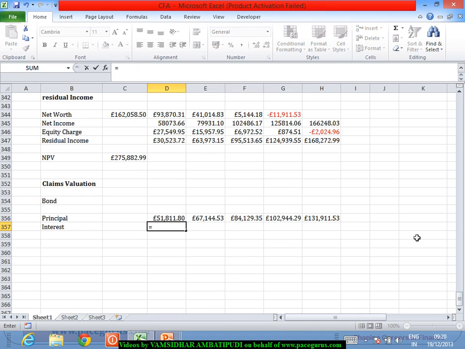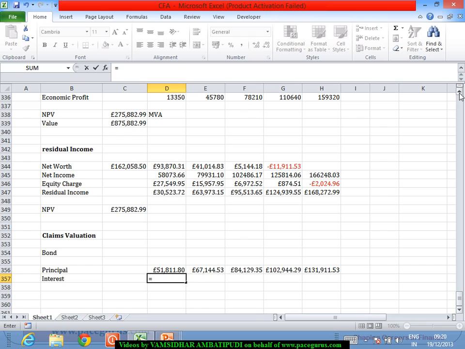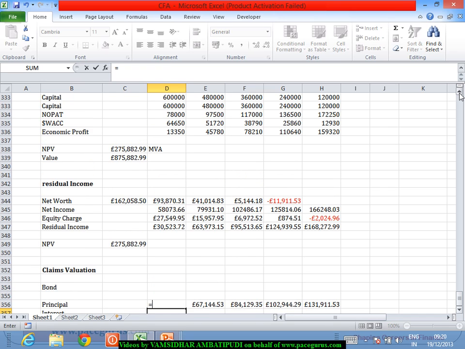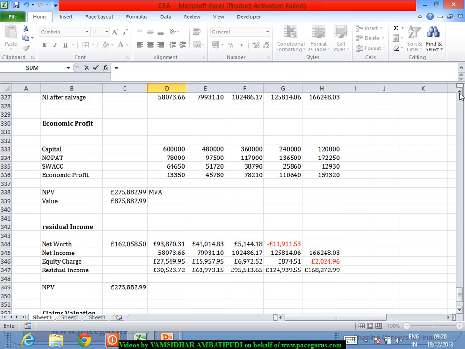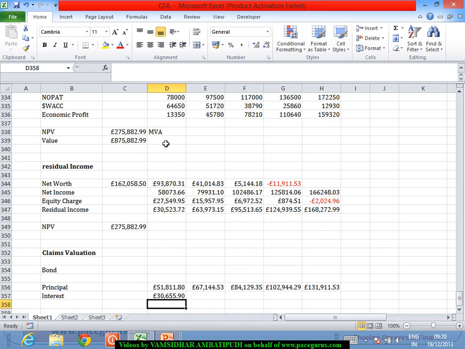And for the interest repayments, we are looking at it as the benefit which the bondholders are getting in each of the periods: the principal repayments, and what is the interest benefit that they are getting. This is the interest benefit that they are getting in each of the years.